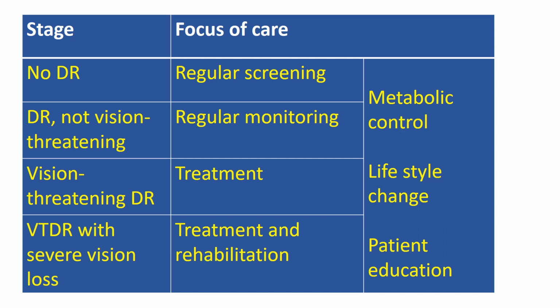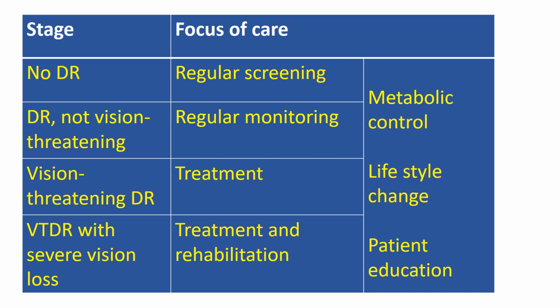The focus of care in these different scenarios needs to be considered. In all the 4 scenarios, metabolic control, lifestyle modification, and patient education is important. These 3 apply across the board. In addition to this, those with no DR will require regular screening so that diabetic retinopathy can be identified as soon as it develops.